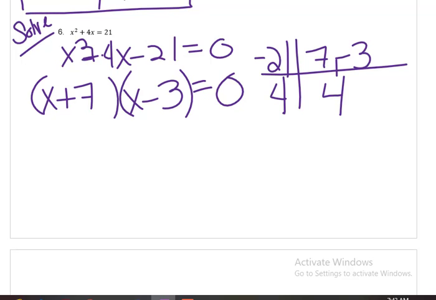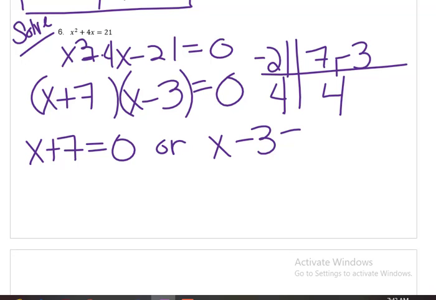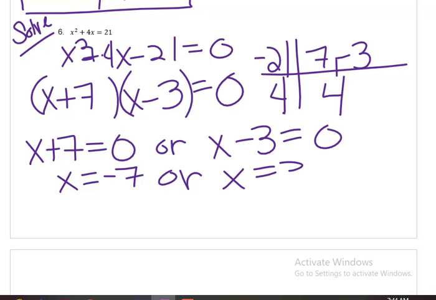Now I need to find the solutions. So I set each of these binomials equal to 0. I have x plus 7 is equal to 0, or x minus 3 is equal to 0. Solving each of these smaller equations, x plus 7 equals 0 when x is equal to negative 7, or x minus 3 equals 0 when x is equal to a positive 3.